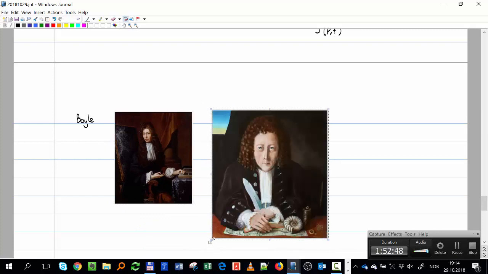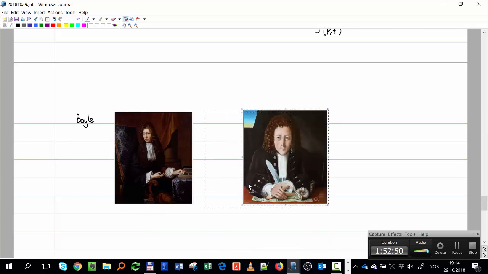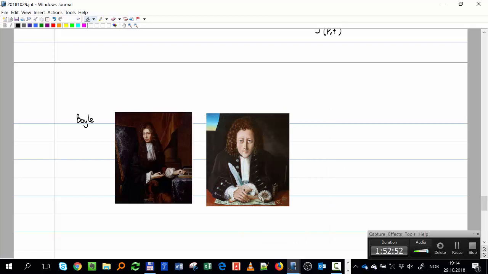And then we have that guy that looks very serious. Who is this guy? Hooke. These were two British guys, and actually Hooke was like a lab assistant of Boyle. Boyle didn't spend time in the lab himself, but he said, you do that, like a manager, like jefe.